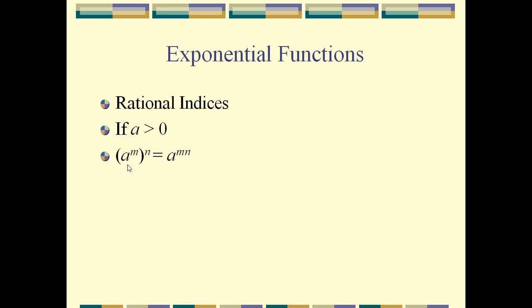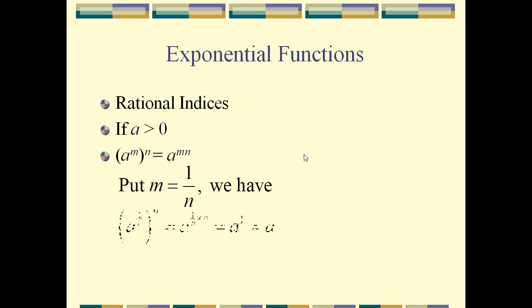According to the properties you learned before, a to the power m, to the power n, is equal to a to the power mn. I can replace the m with 1 over n. That means in this case we do not consider m and n as integers only. They can be rational numbers. So when n is not 0, we can define m as 1 over n.